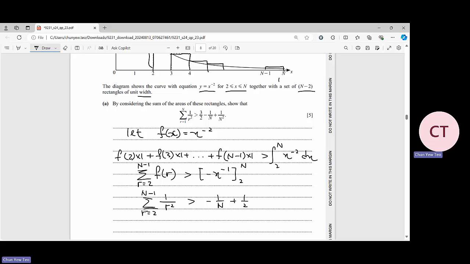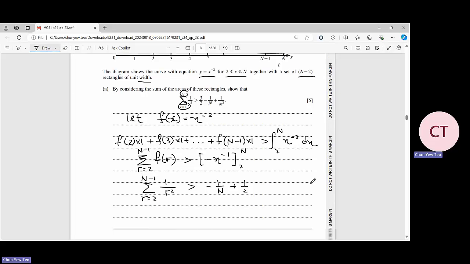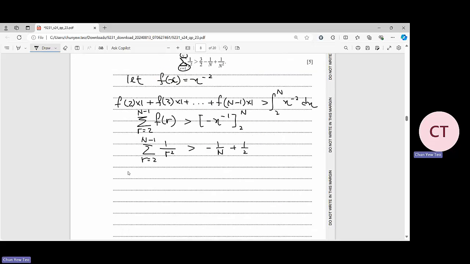But in order to make r from 2 to n minus 1 become r from 1 until n, I need to add 1 over 1 squared inside, and over here I need to add 1 over n squared inside.